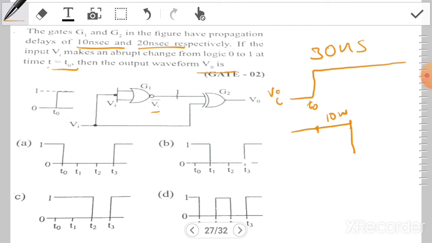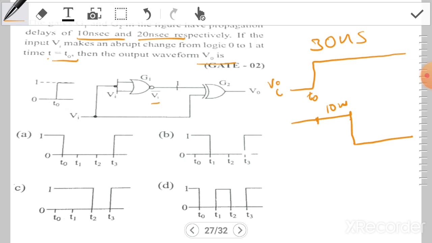Again here, there is Vi complement and there is Vi.